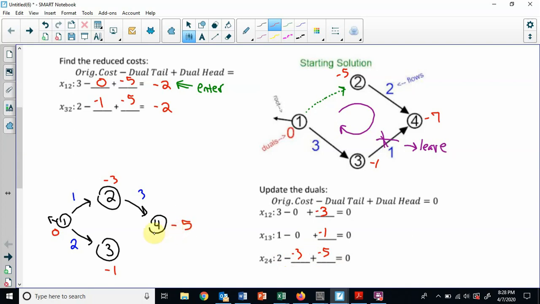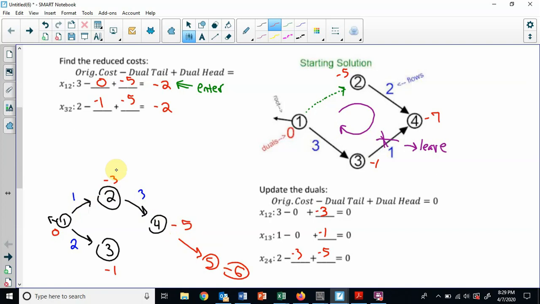I'll show you why. So we cut this one, and the only duals that are going to change are the ones where we added the arc and any that are flowing from that, not connected back to the root. So we cut it here and then add it on here. So anything from here is going to change. It's going to change by the same amount along this whole branch. So if I had more nodes, say this connected to 5 and to 6, all of these duals would change by whatever this one changed by.